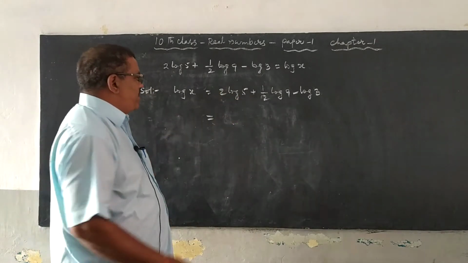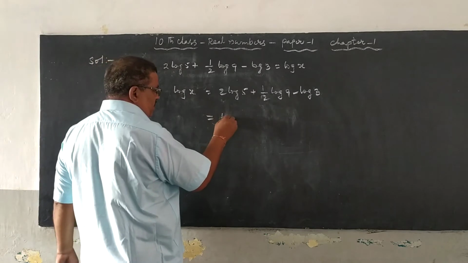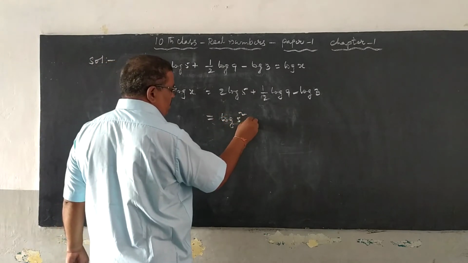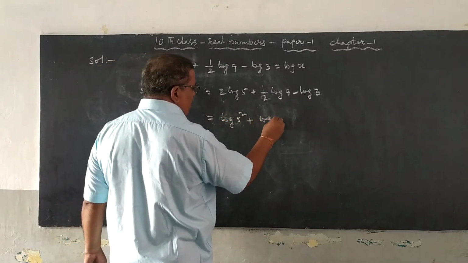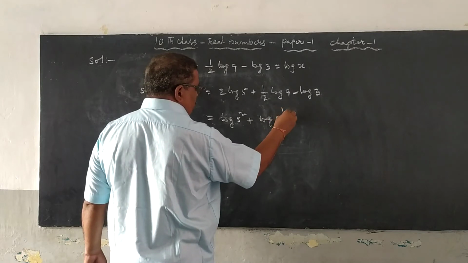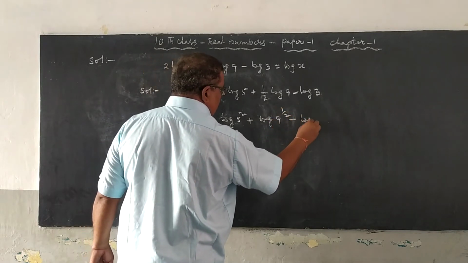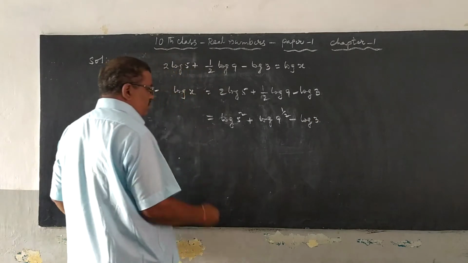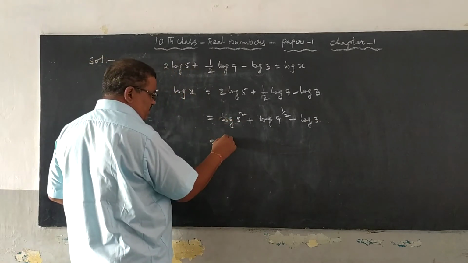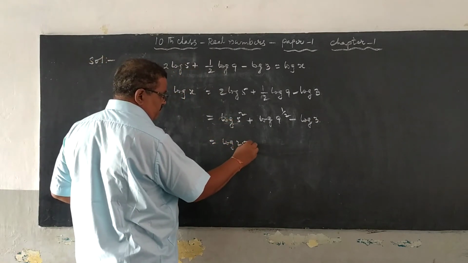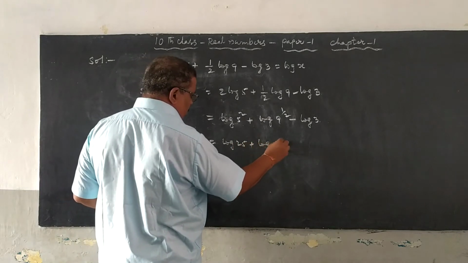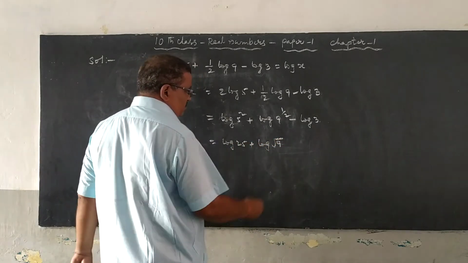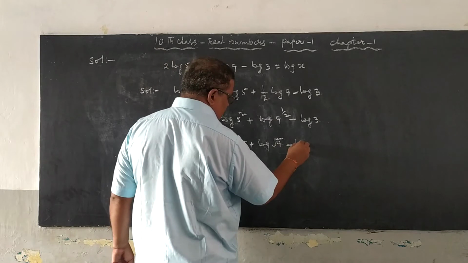M log x can be written as log x power m, that is log 5 square, same like log 9 power 1 by 2, minus log 3. So, log 5 square is nothing but log 25, log root 9, minus log 3.